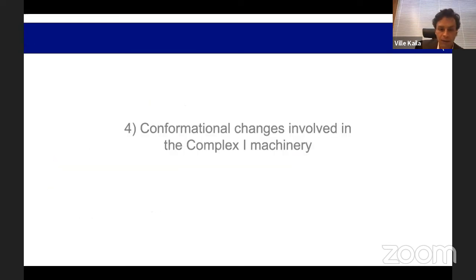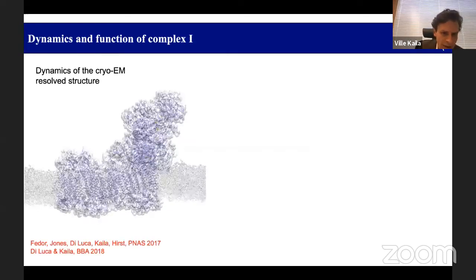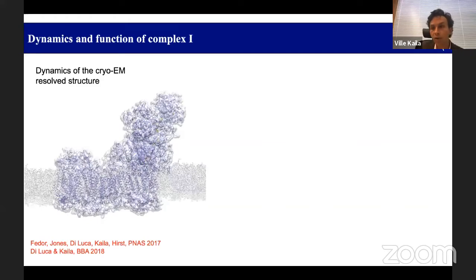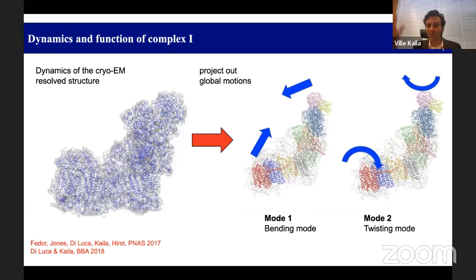So when we run MD simulations on this system, based on the cryo-EM resolved structures, you can look at the global motion of this system, and you can group them together by PCA or other types of analysis, and you can see that there are two types of motion. There is basically a bending motion of this machinery, and then there is a twisting motion as well.